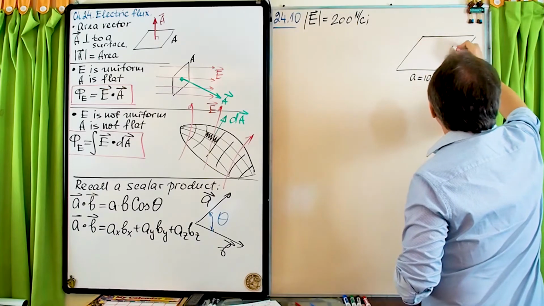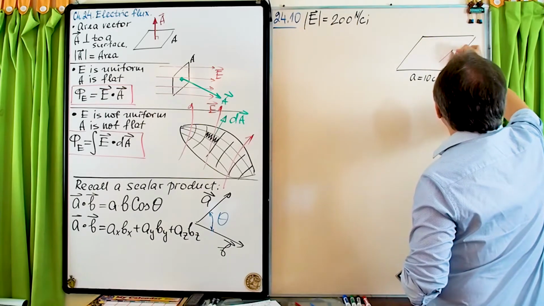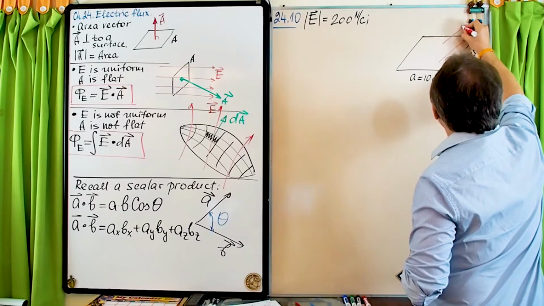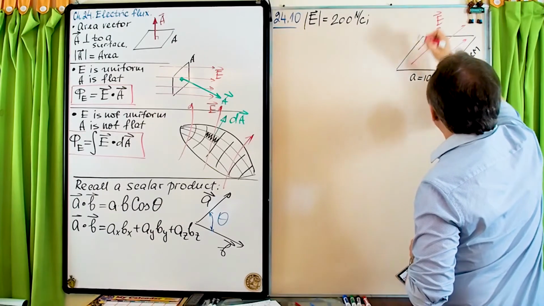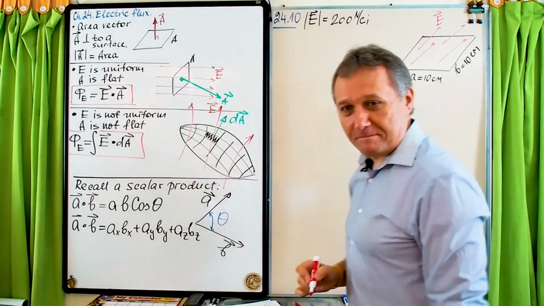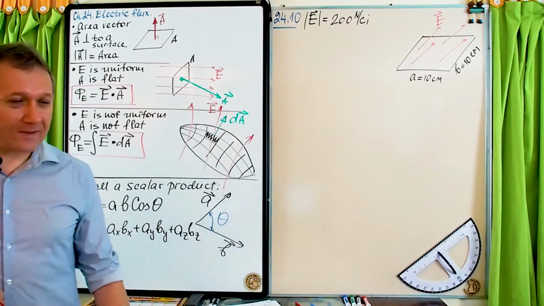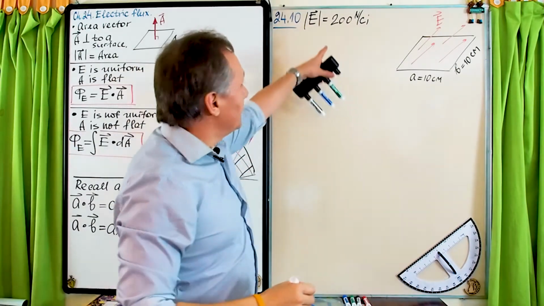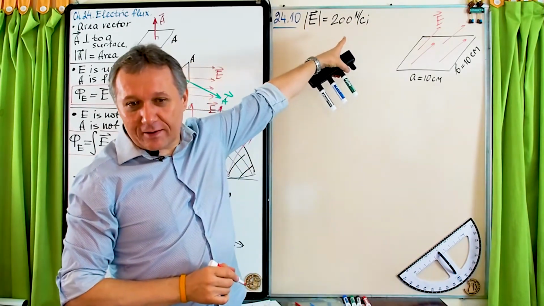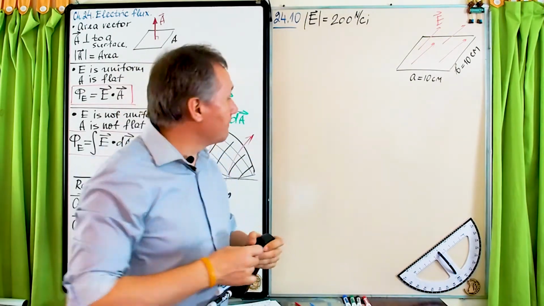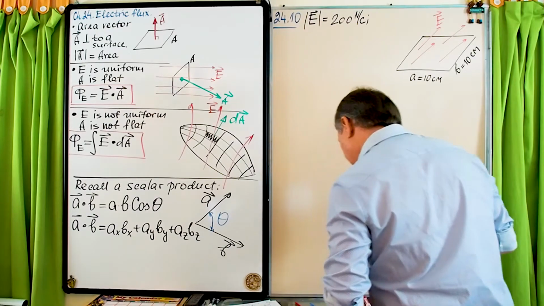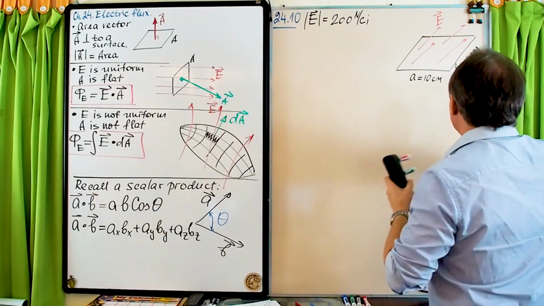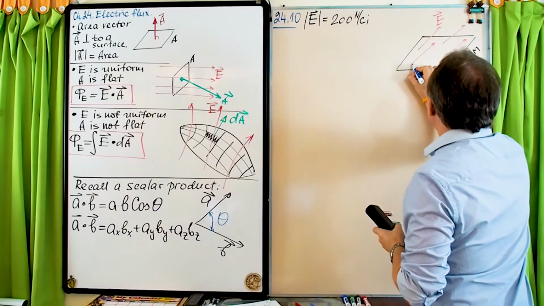Right, so let's see. Let's say this is our electric field, and you see it's constant. The electric field is constant, so it's a uniform electric field, and the angle which is given, let me draw it.